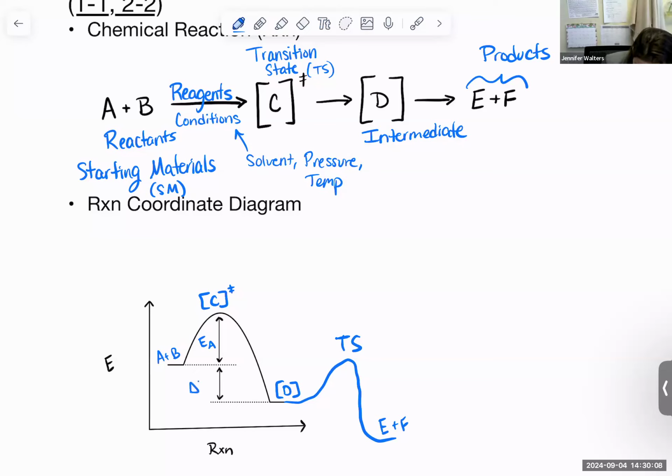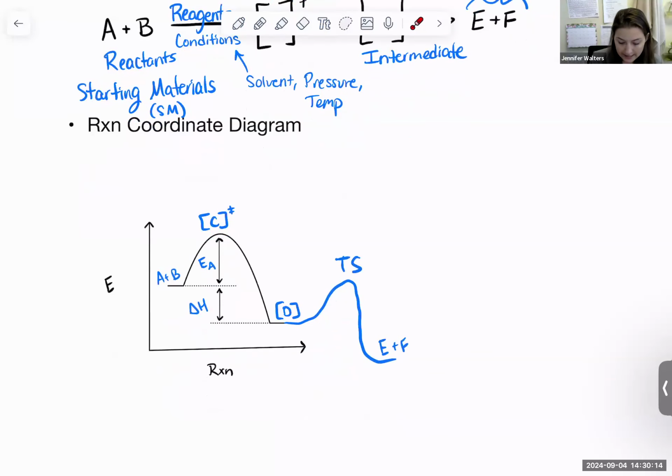Delta H, the enthalpy of the reaction, is the difference between our reactants and our products. If delta H is negative, as it is here, then it's going to be exothermic or exergonic.